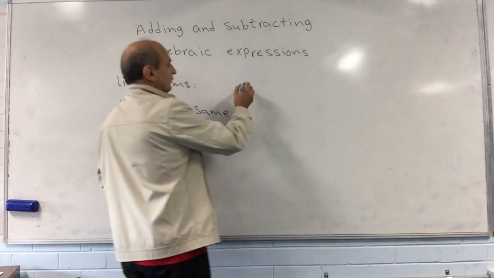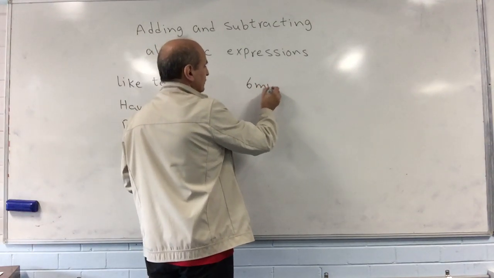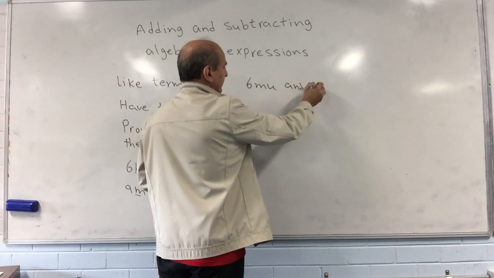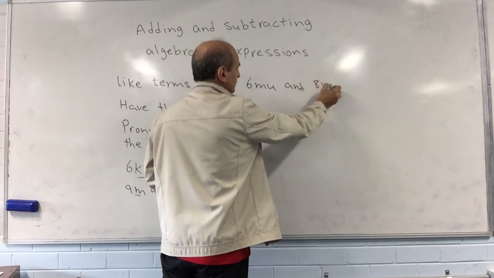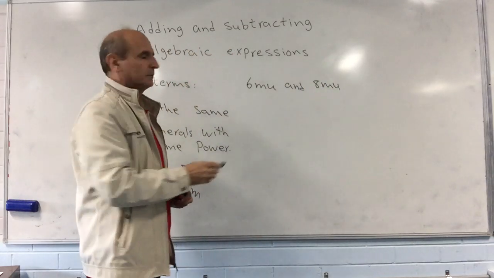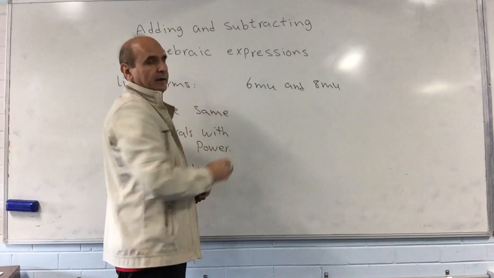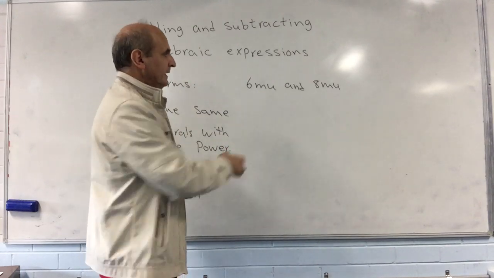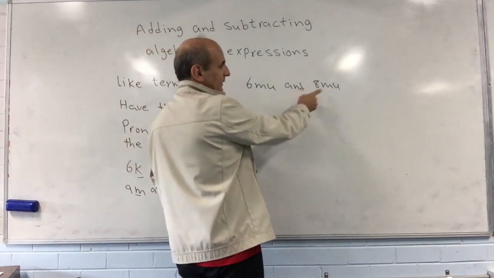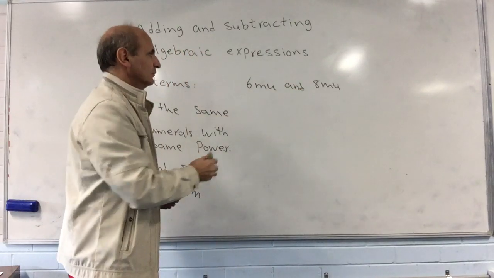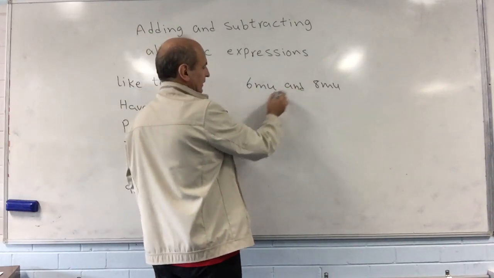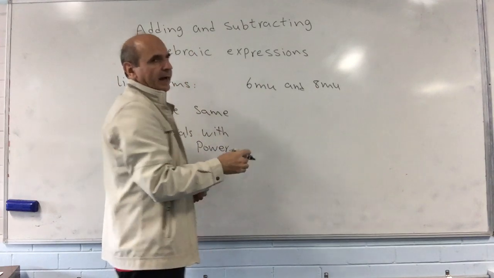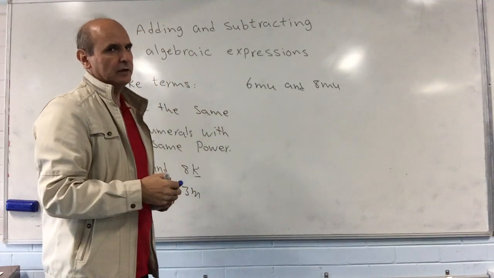You can have 6mu and 8mu. Again, these are like terms because both of them have got m and u. And here, you have to remember that the order doesn't matter. We could have written any of them as um, and still they will be like terms.